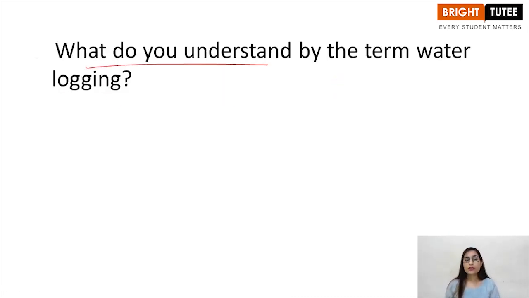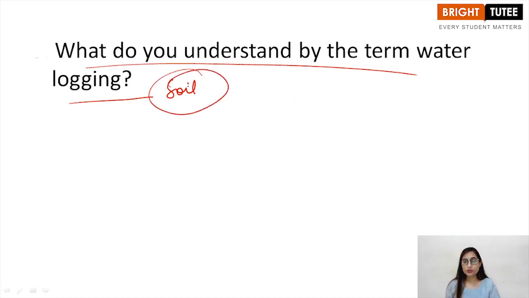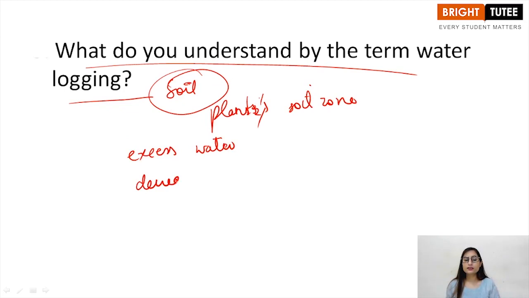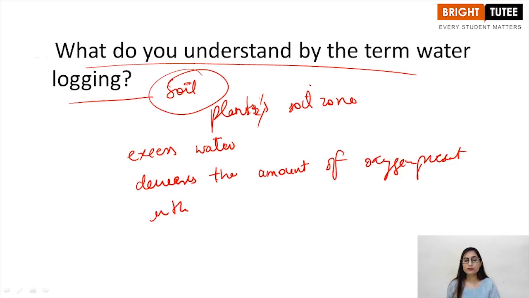Last question. What do you understand by the term waterlogging? Basically, what happens in waterlogging is that in the soil zone of a plant, there is presence of excess water, which decreases the amount of oxygen present in the soil, which is important for the plant.